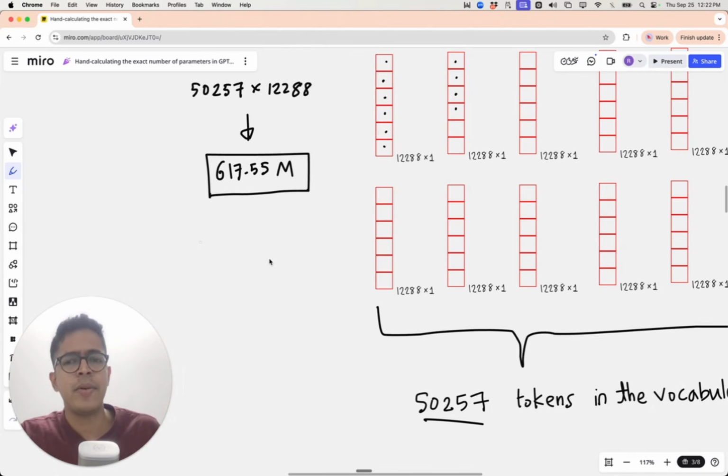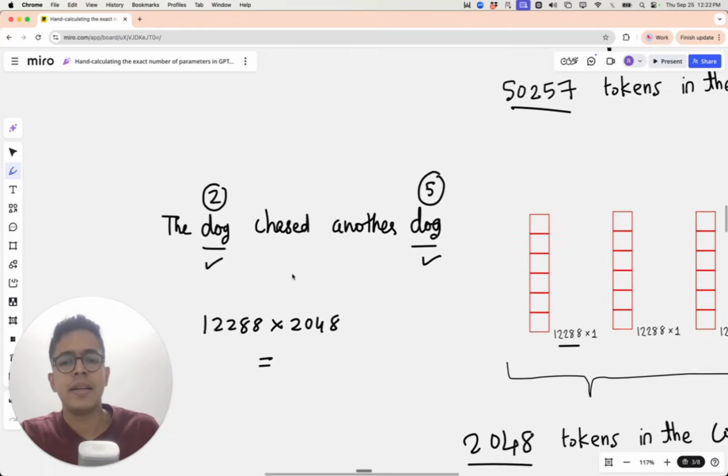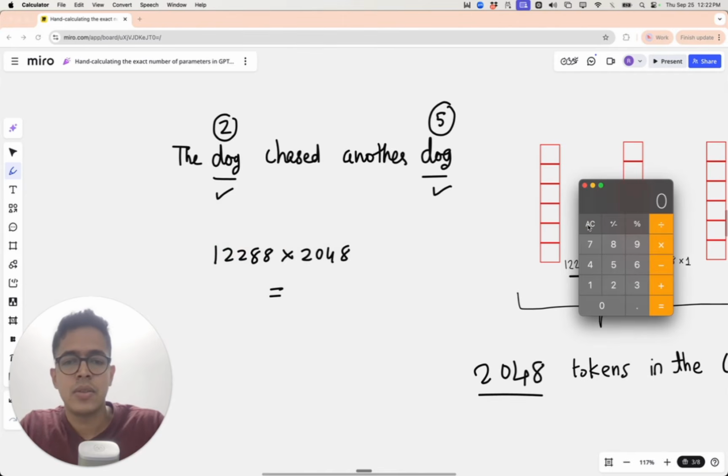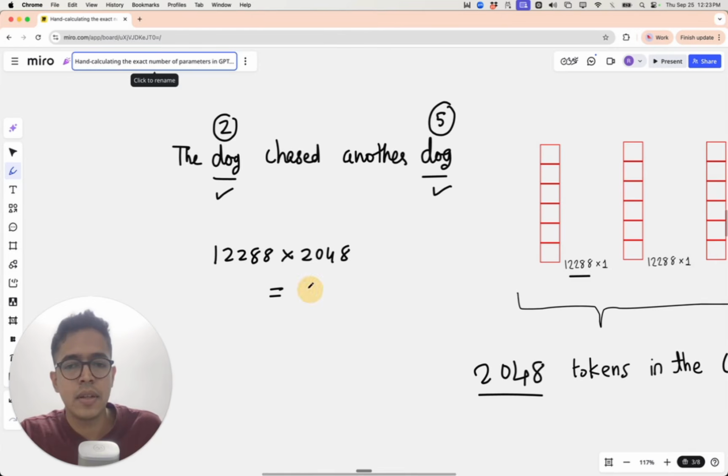So roughly we should have 25 million parameters here. Let's calculate exactly to see what it is. 12,288 times 2048 is 25,165,824. So this is 25.1 or 25.2 million if I round off to only one decimal point. These many parameters.